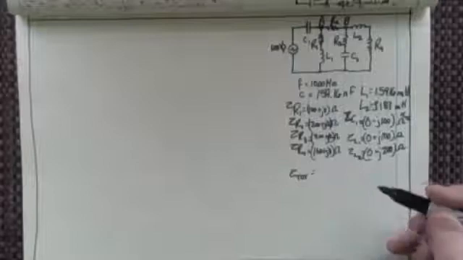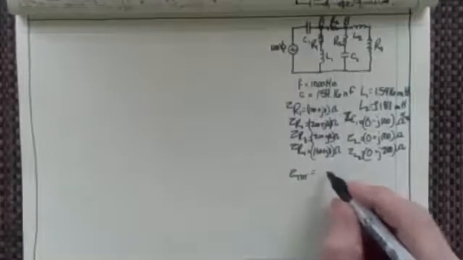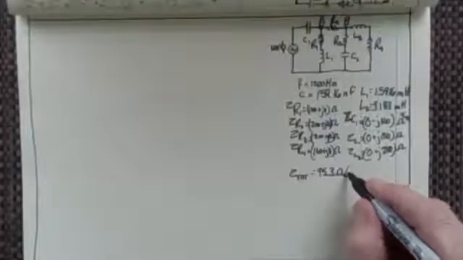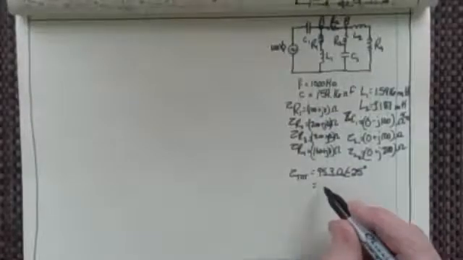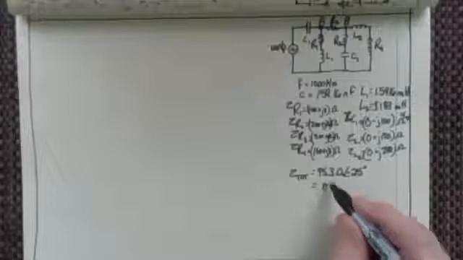The total impedance was, and I'll write it two ways, 95.3 ohms at an angle of minus 25 degrees, or 86.36 minus J40.03 ohms.